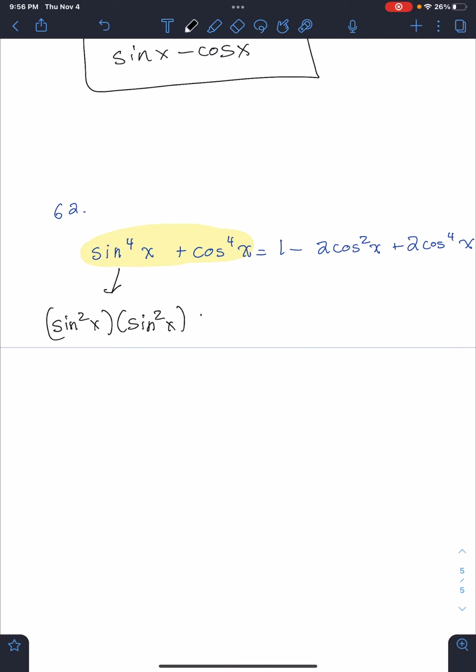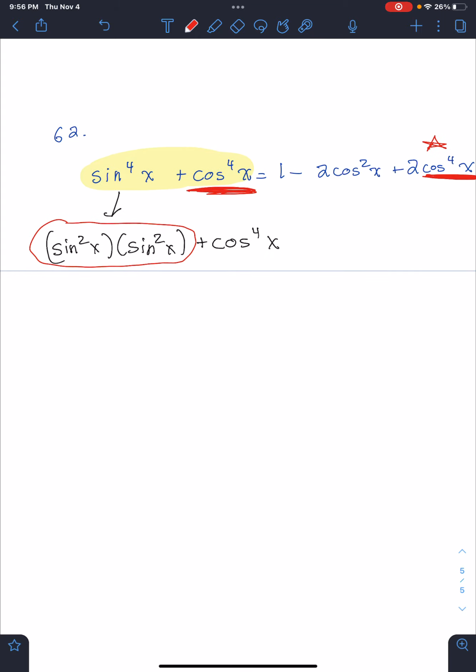And we're going to keep the cosine to the fourth x. If you're thinking why I want to keep it, well, I know I have a cosine to the fourth x right here, and I have one of them right here. So I'm thinking, from this part over here, could I make another one? Because I'm going to need two here.